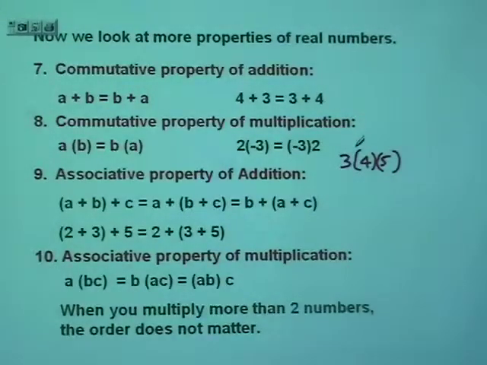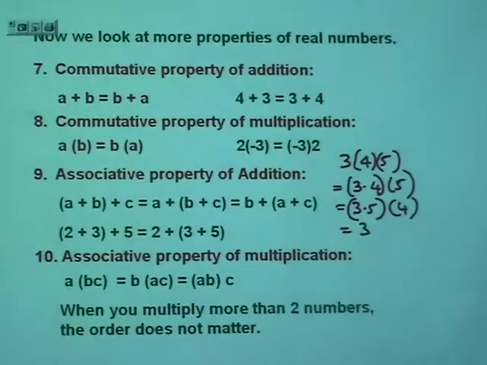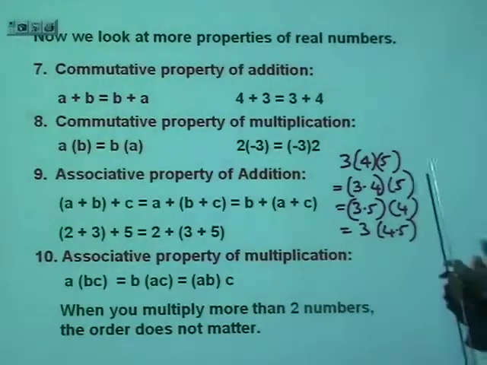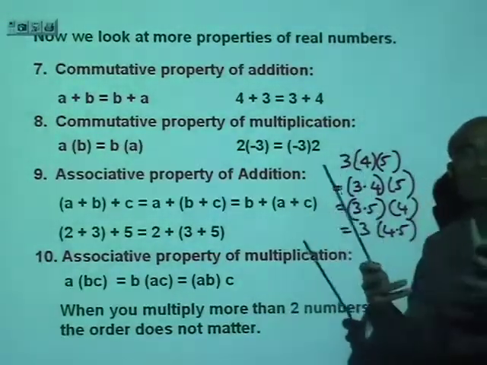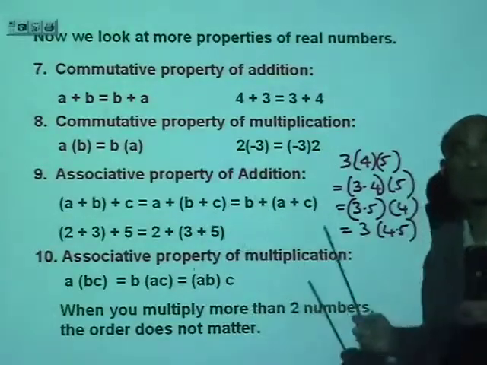In other words, 3 times 4 times 5 can be written as 3 times 4 multiplied by 5 is the same as 3 times 5 multiplied by 4 is the same as 3 multiplied by 4 times 5. So any different association, different groupings really does not change the result.